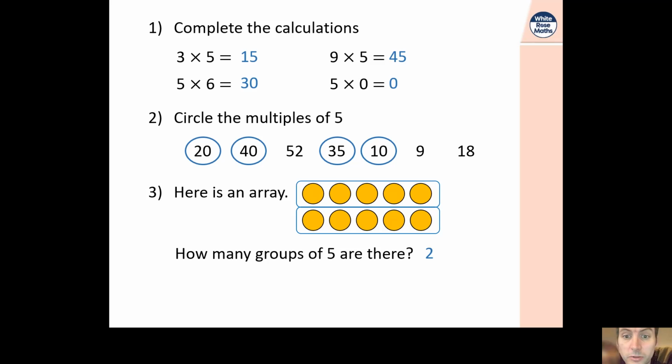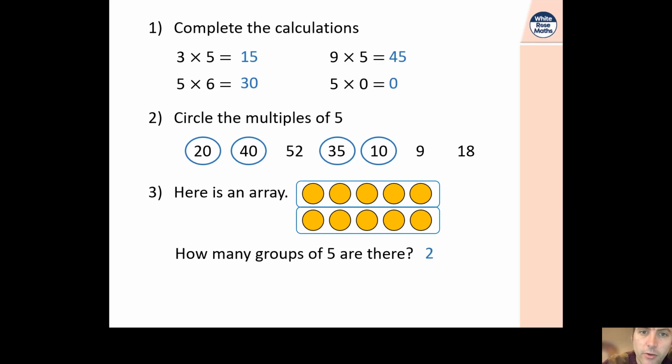Those are also multiples of 10, with a 0 in the 1's placeholder. Now 35 has a 5, and all of our multiples of 5 have either a 5 or a 0 in the 1's column. When we go up our number line, we only ever touch values which have a 0 or a 5 in the 1's value if they're multiples of 5.